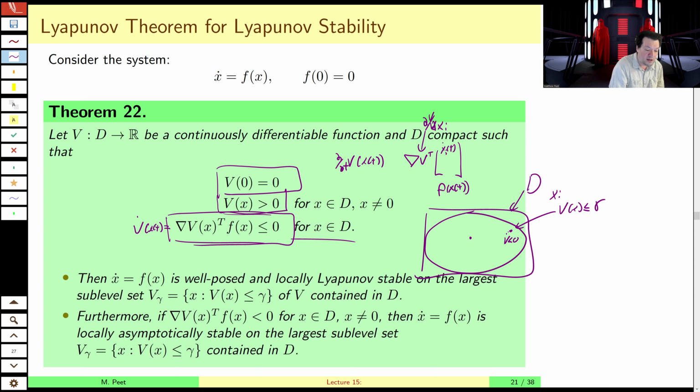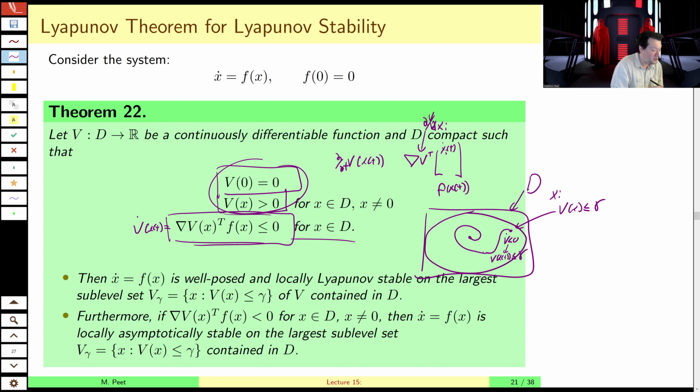And so along trajectories of that solution, your V of x of t at any given time is still going to be less than gamma, because it was less than gamma when you started, and because V dot is less than 0, it's going to stay less than gamma for all time. So we stay in that set, and it's decreasing, and then these conditions allow us to say that the norm of the system state as well stays in that set, or is bounded in some sense.